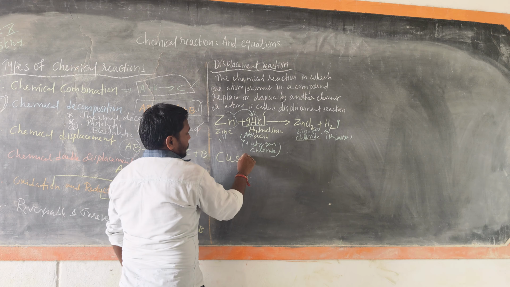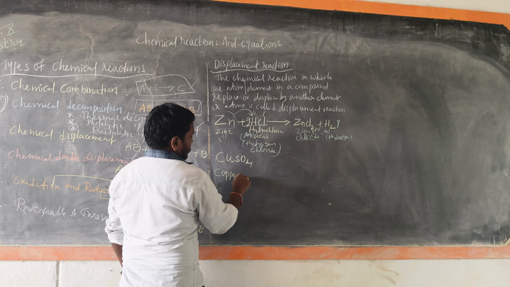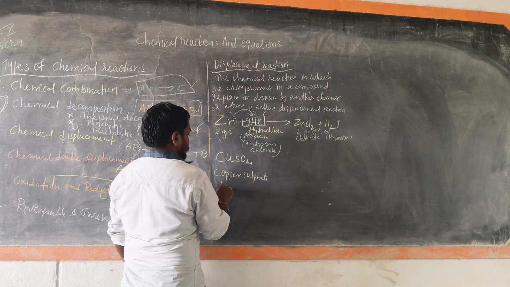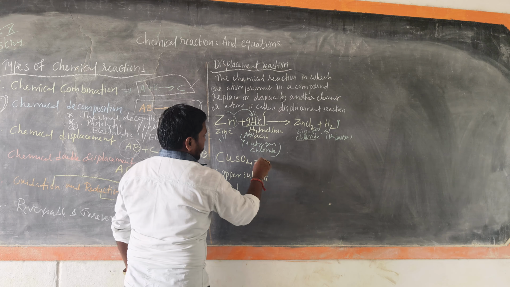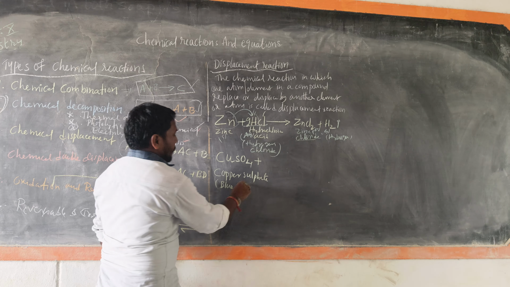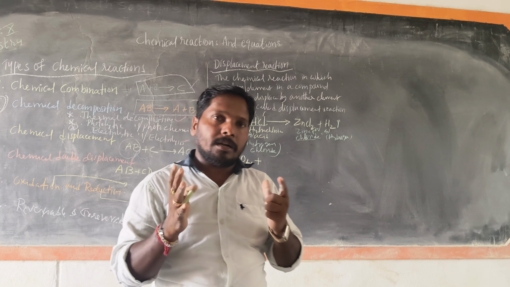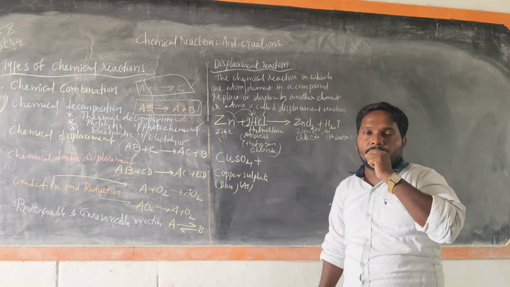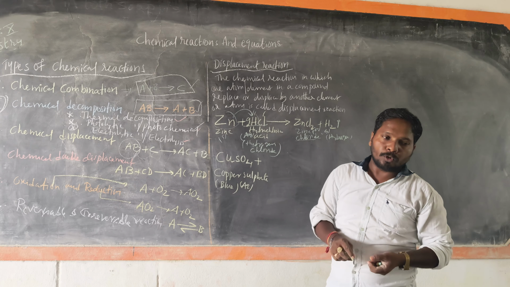Similarly, copper sulfate is blue in color when it is an aqueous solution. When we take copper sulfate and dissolve it in some amount of water, it forms copper sulfate aqueous solution.